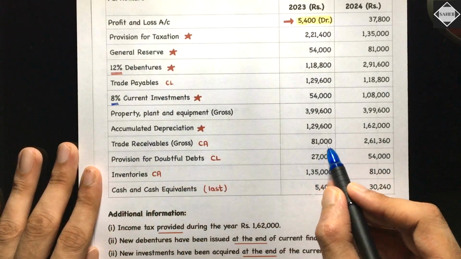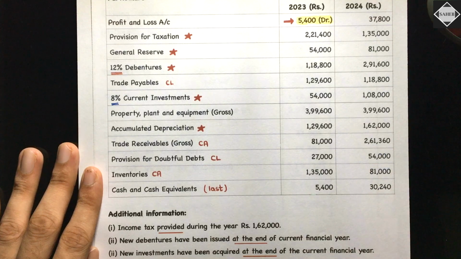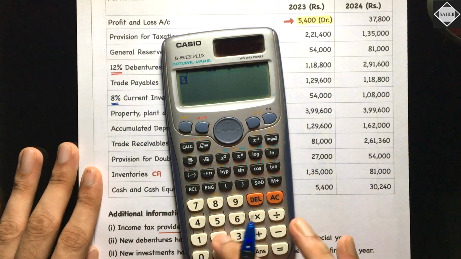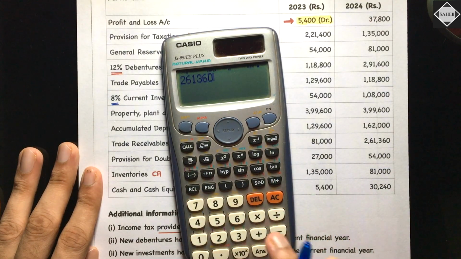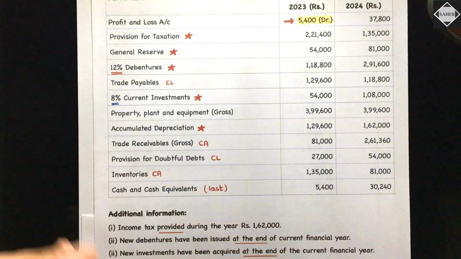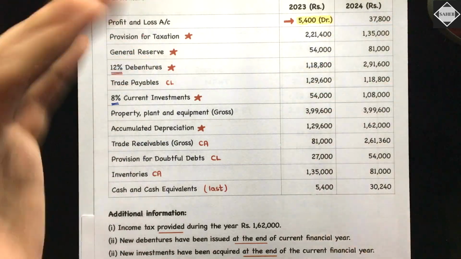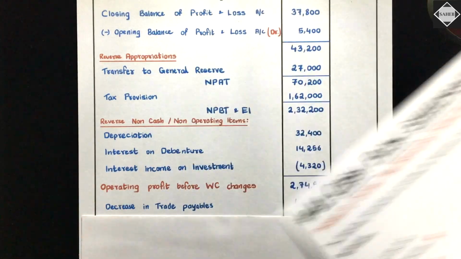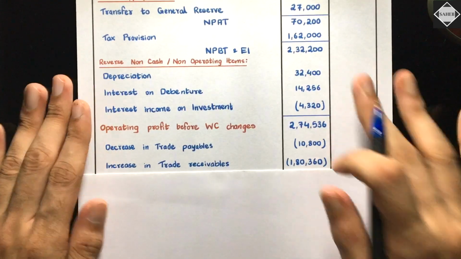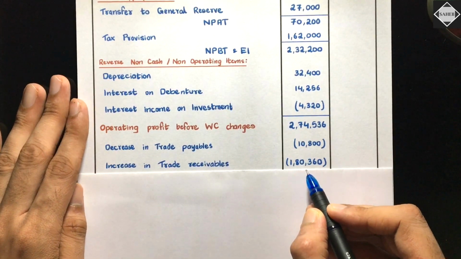From 81,000 it has increased to 2,61,360. 2,61,360 minus 81,000 is an increase of 1,80,360. Current asset is increasing means cash is negatively impacted, so we will subtract it. Increase in trade receivables minus 1,80,360.